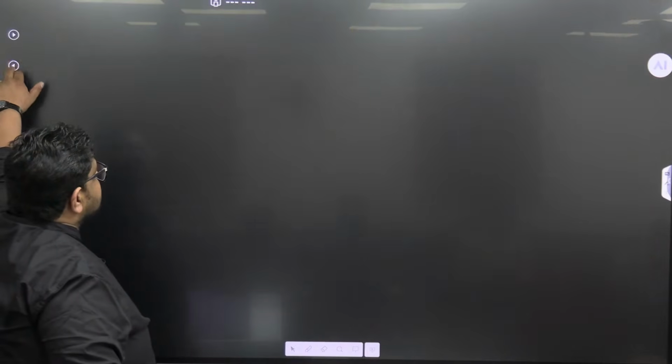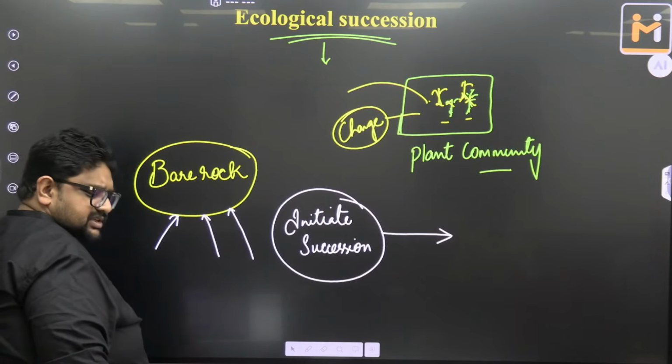Okay, now let's start writing this. Ecological succession, you can write.